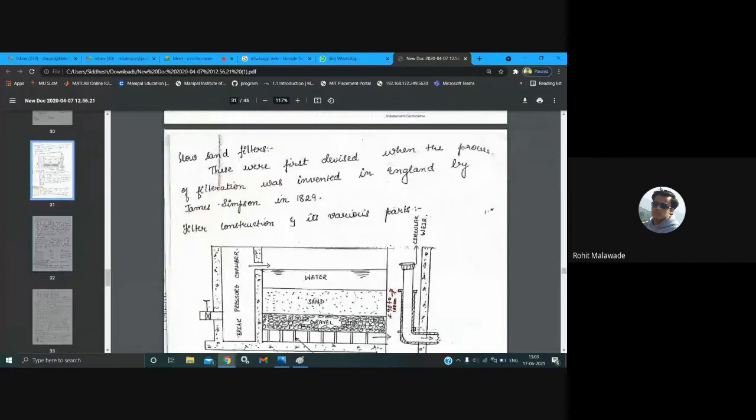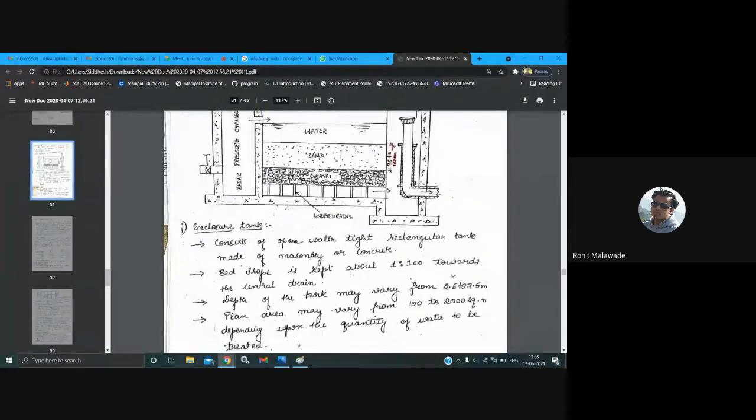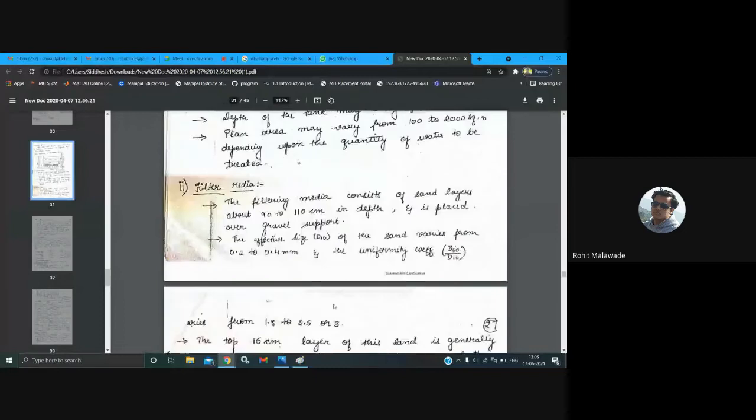The very fine sand particles we are going to keep at the top, then medium in the middle, and the larger at the bottom. So this is the sequence we are going to maintain: finer at the top, medium at the middle, and coarser at the bottom.